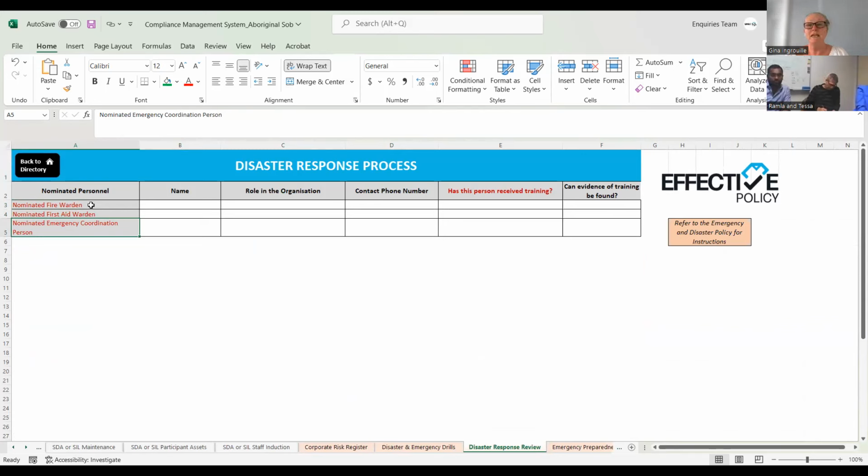Those things will probably need to be, I think, from memory, also reflected in my disaster and emergency plan, but also in your business continuity plan as well. Yeah. And there's templates for those as well. So really, it's not asking an enormous amount.